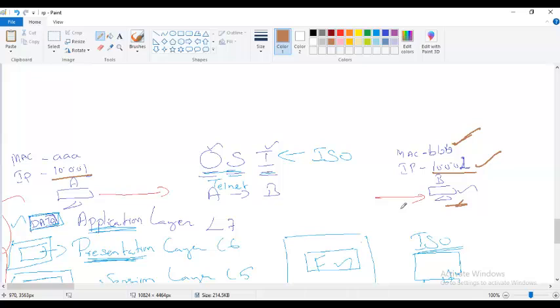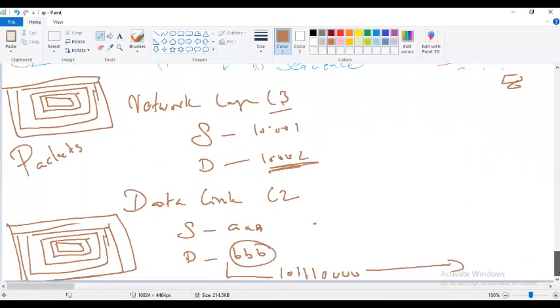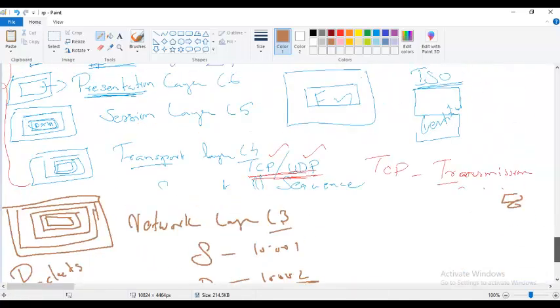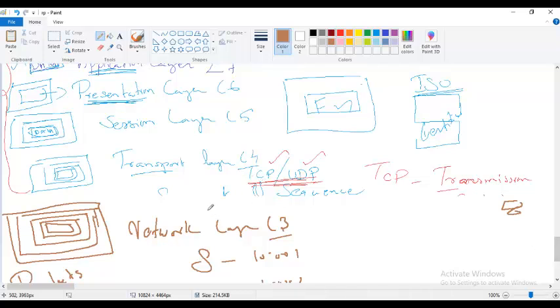Now B opens the packet. In the transport layer, the source port number was a random port number and the destination port number was 23. When the receiving PC sees 23, it understands that Telnet is what it needs to support. The remaining layers, like session, presentation, and application, are taken care of by the operating system.